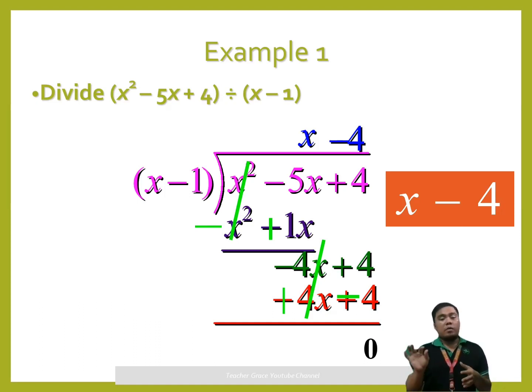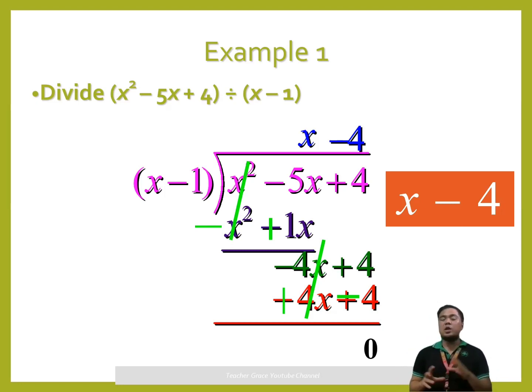So negative 4x plus positive 4x is 0, and positive 4 plus negative 4 is also 0. So the remainder is 0, or you can write directly, the quotient is x minus 4. So that is how you are going to perform long division process.